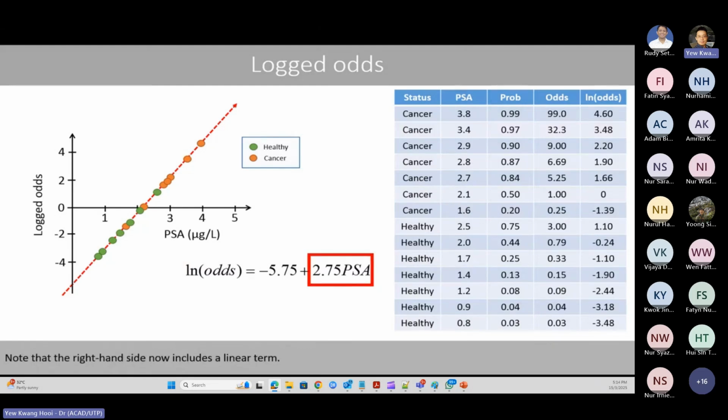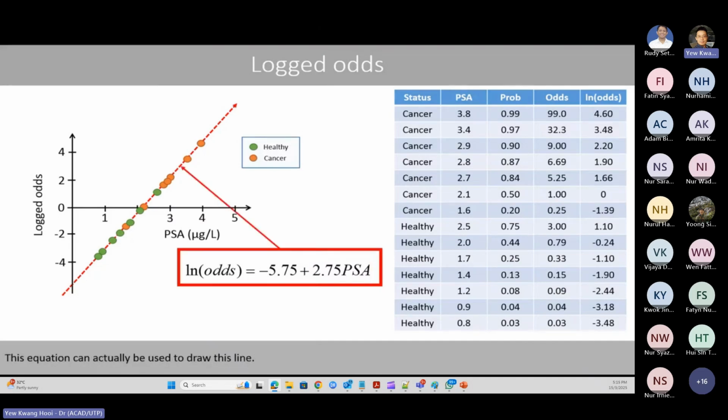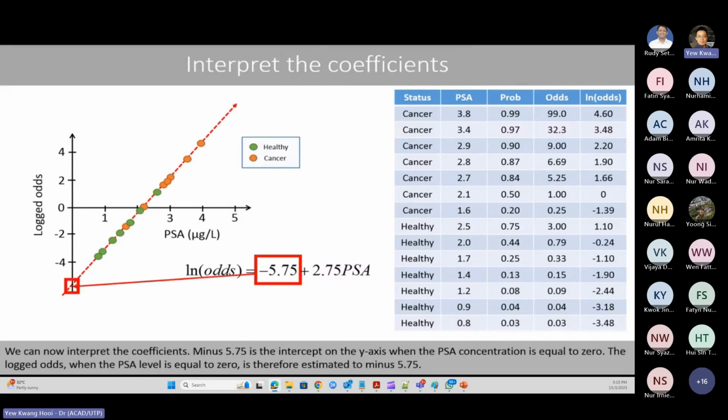Note that the right-hand side now includes a linear term. This equation can actually be used to draw this line. We can now interpret the coefficients. Minus 5.75 is the intercept on the y-axis when the PSA concentration is equal to 0.